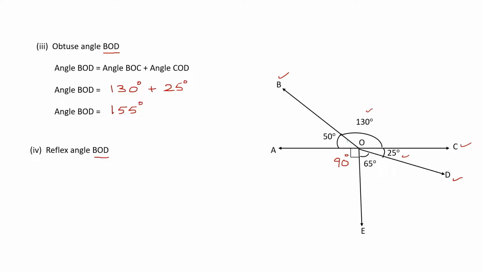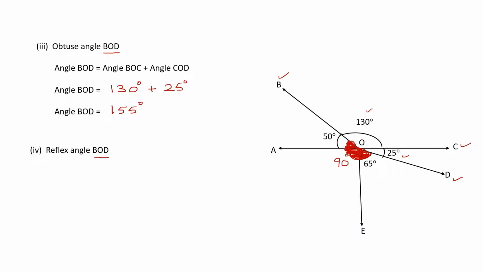So we are going to find the other side of angle BOD. We found the obtuse angle. Now we are going to find the other side. BOD comes all the way here. This is BOD. Let me shape that for you to understand better. This is reflex angle BOD. It is greater than 180 but less than 360.